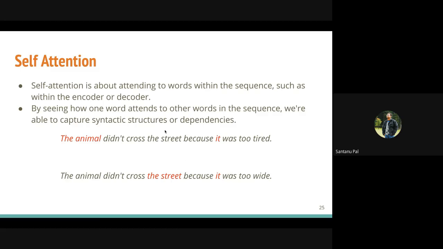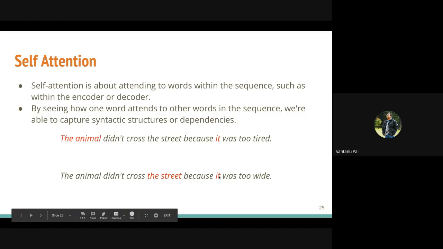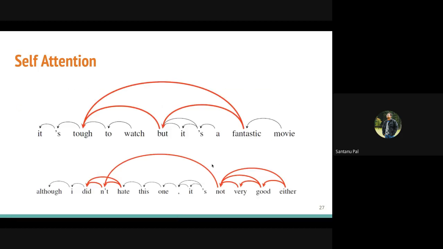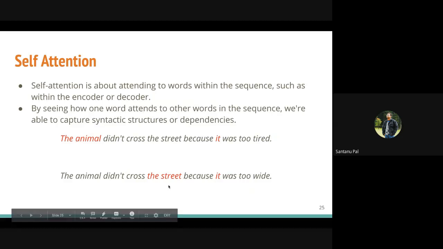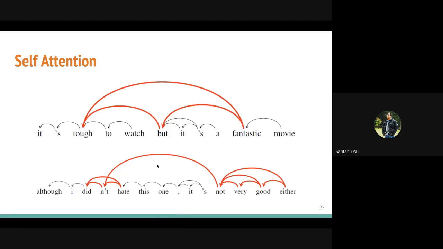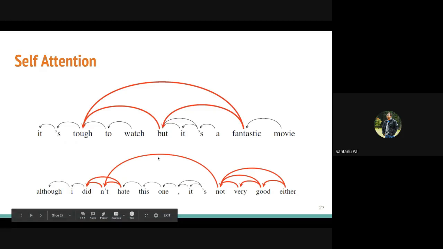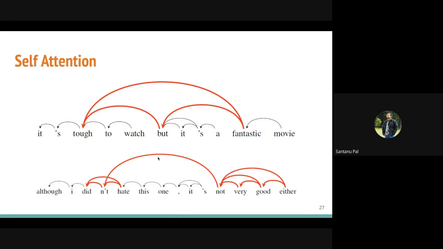So attention is focusing on the relations also. It provides the information that in one case it refers to the animal, and in the same sentence with a different word, it refers to the street.